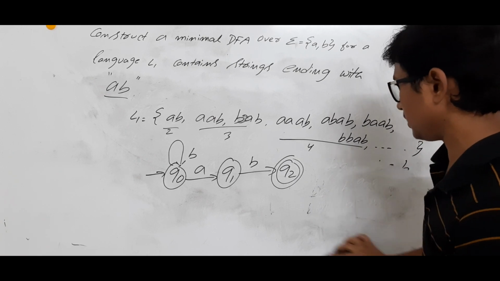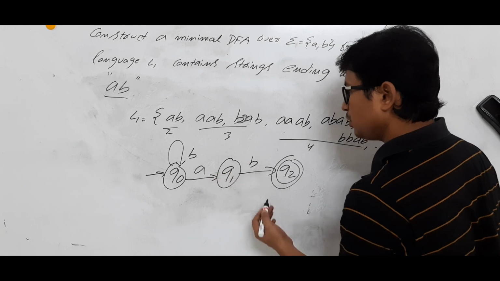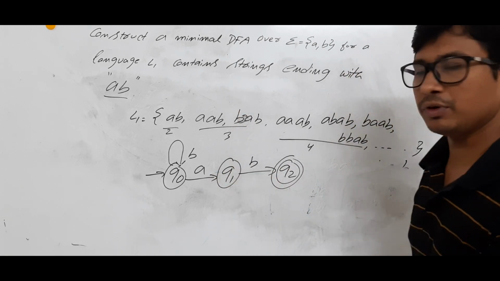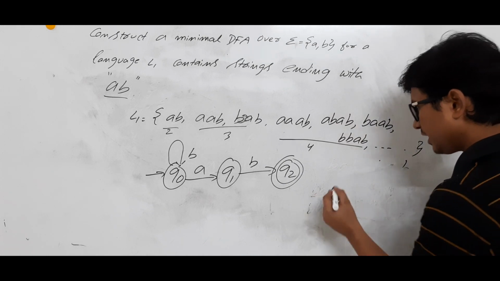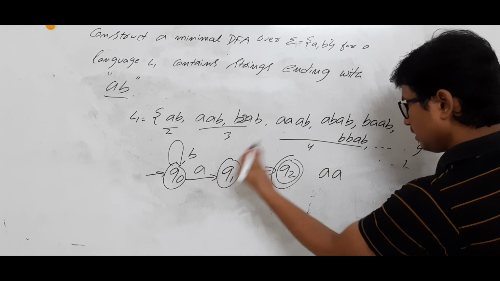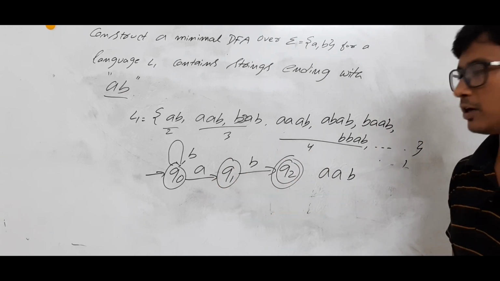We will see the next one. From Q0 on A and B we have discussed. Now Q1 on B we have given a move. On A what will happen, we will see. We'll take the smallest one: A, then B. Should it be accepted or not?